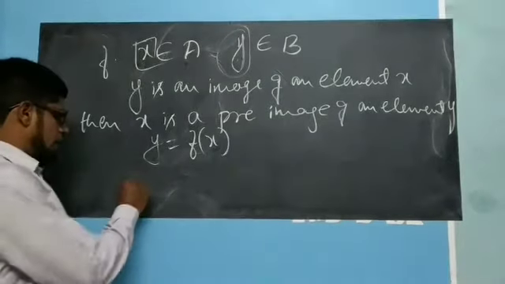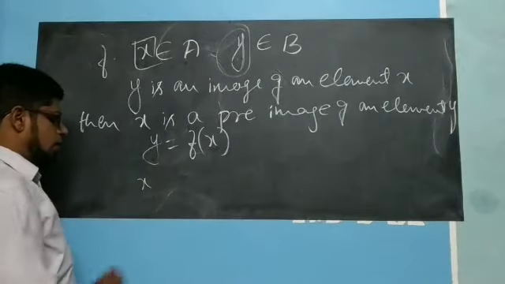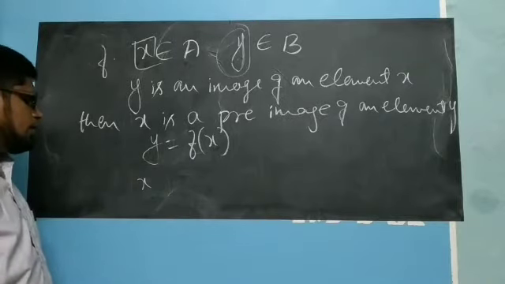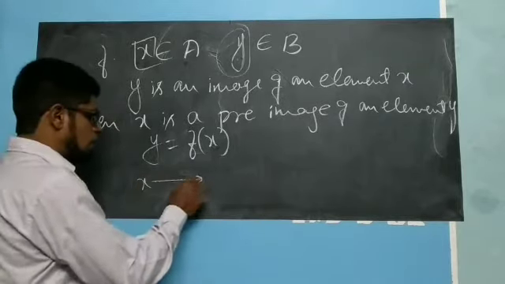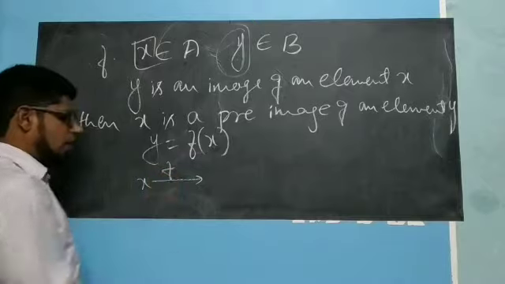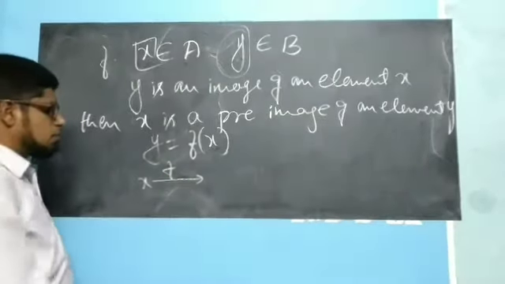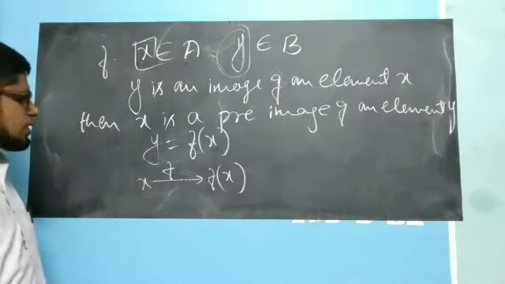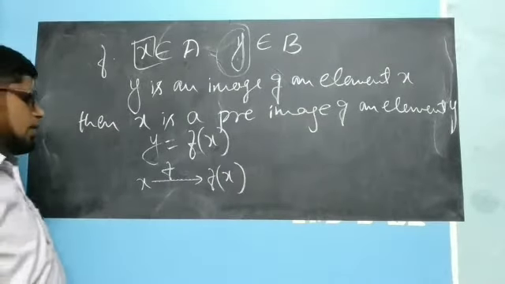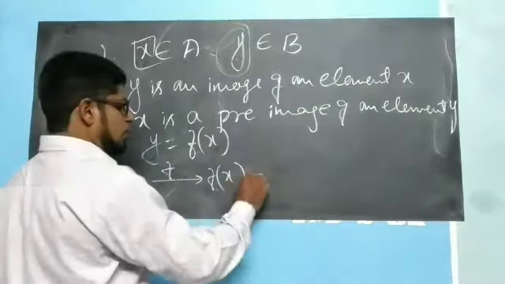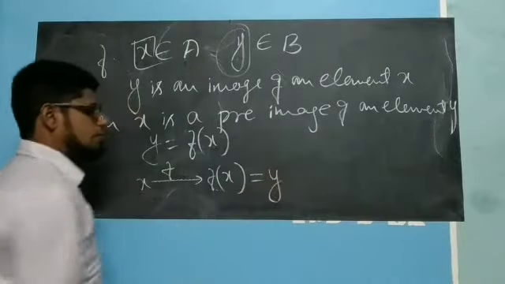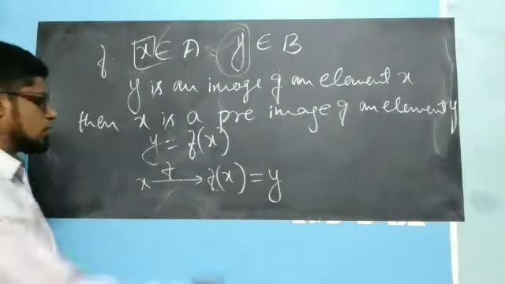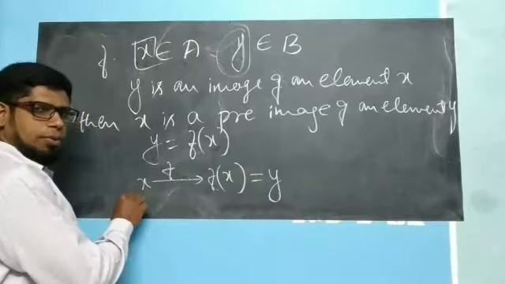That means if x is an input and it performs under an operation f, then it comes as f of x. This f of x we can give another name, that is y. So this is output and this is input.